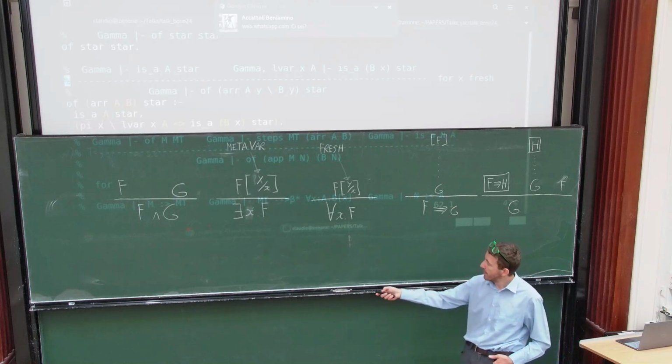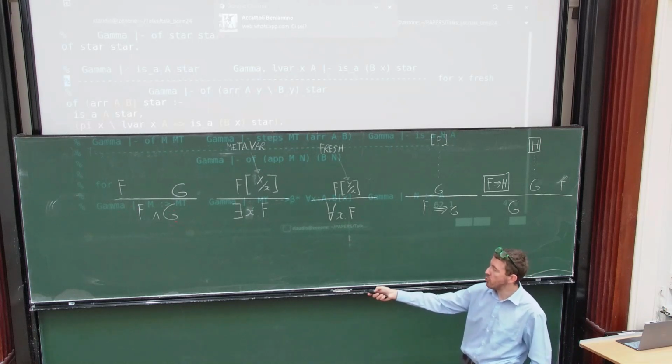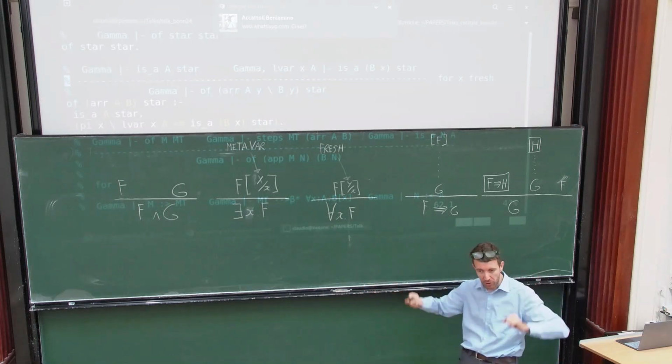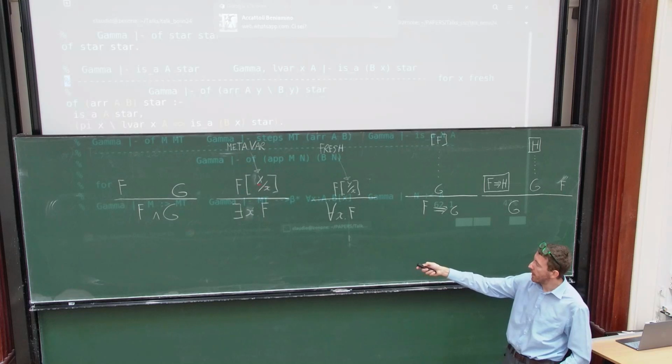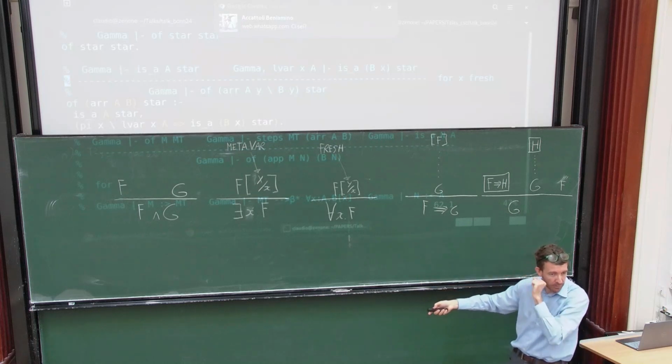So if I ask it to prove f and g, it proves f and it proves g, so it splits the proof search in two. If I ask it to prove that there exists an x such that f, it uses the existential introduction rule. It doesn't know yet what to put in place of x, so it puts a meta variable that will be unified later during the proof search.